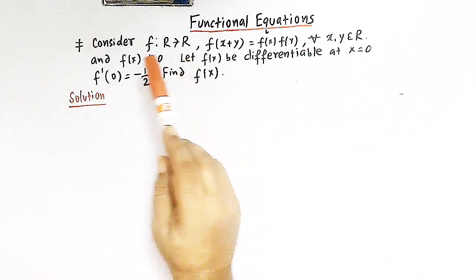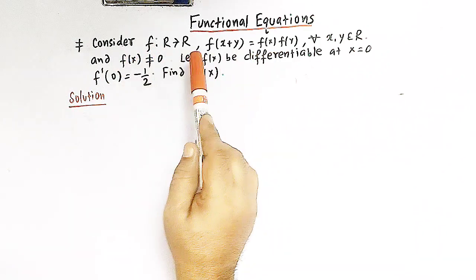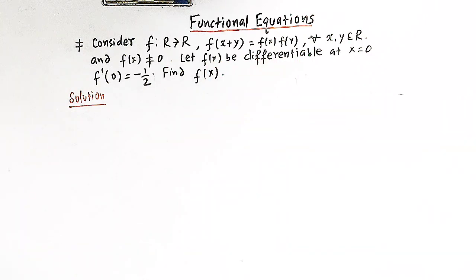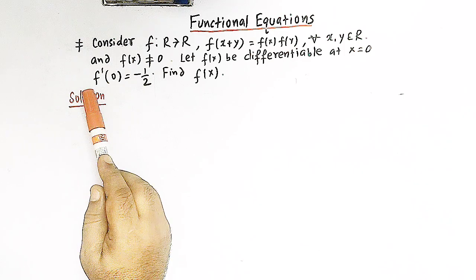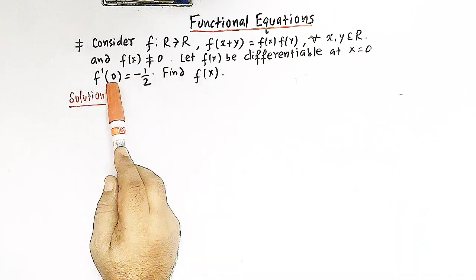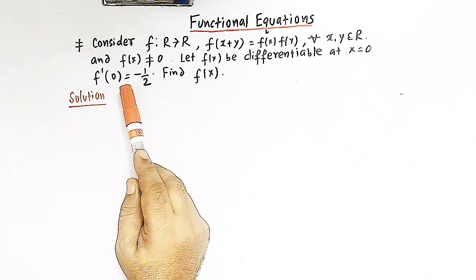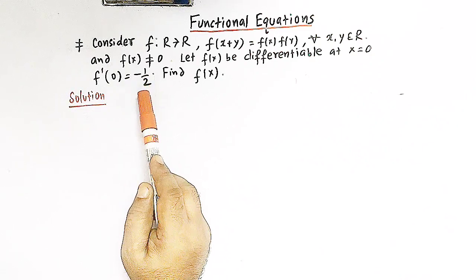We are also given that the function f of x is differentiable at x equal to 0, and the value of the derivative at x equal to 0, that is f prime of 0, is given as minus half.